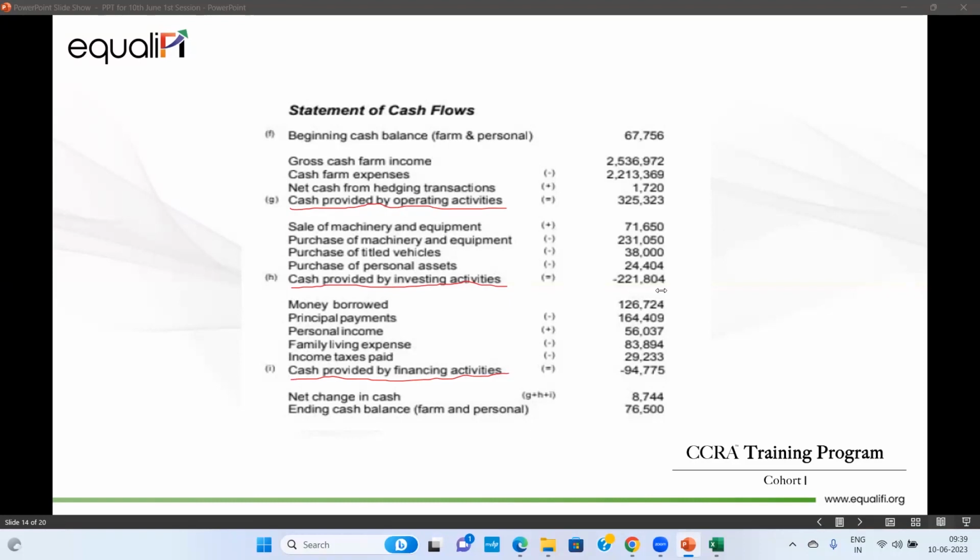Okay, anything else? This is a good observation. Money borrowed went to principal payments.